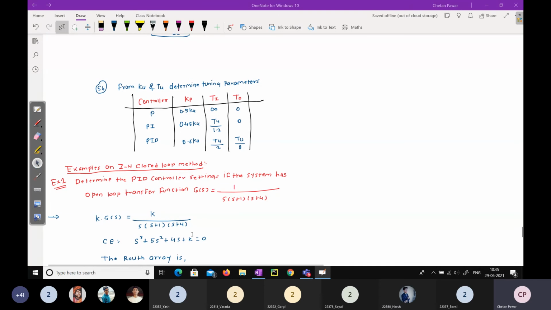Now, what is the natural frequency of oscillation? You need to use an auxiliary equation. What will be the auxiliary equation here? Using the auxiliary equation, you can determine the natural frequency of oscillation.